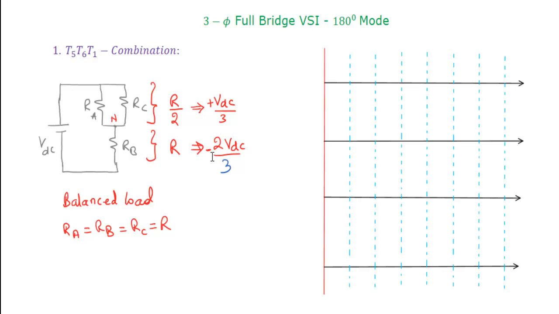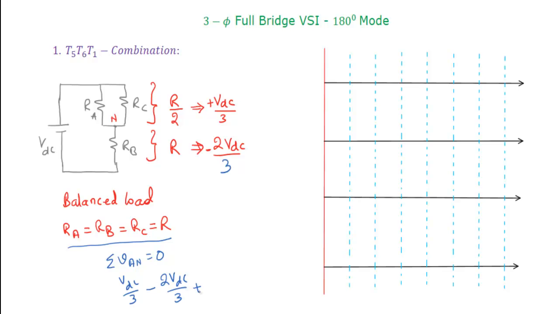Okay, another important thing we need to remember from the three-phase system: once you have the phase voltages, if the load is a balanced load, then the sum of the phase voltages will be 0. You can look here, phase A voltage is VDC by 3 and phase B voltage is minus 2 VDC by 3.